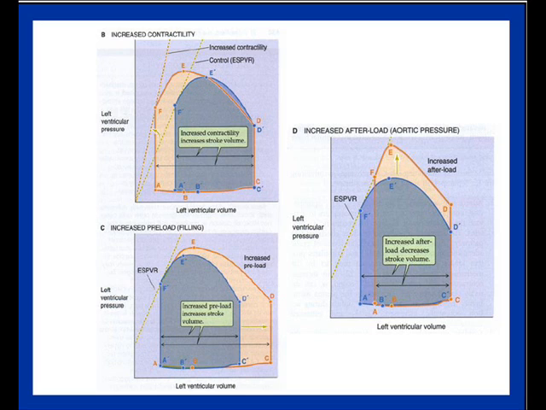So if you go from D prime, control afterload, to D, so you increase the afterload, it means the heart has to work harder to eject that blood. It means that the heart is not going to be able to expel as much blood out, which means you're going to follow a curve something like the brown one.